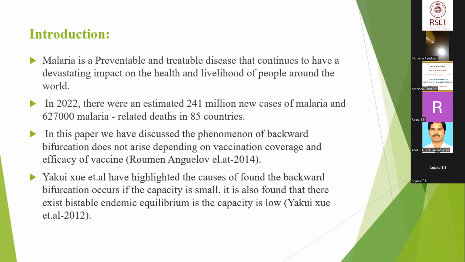Every year, 250 million people become infected with malaria. The 2022 World Health Organization estimate is that 251 million people became infected with malaria and 6,07,000 died of malaria in 85 countries. In 2014, Raymond Unclove discussed that the phenomenon of backward bifurcation does not arise depending on vaccination coverage and efficiency of vaccines.